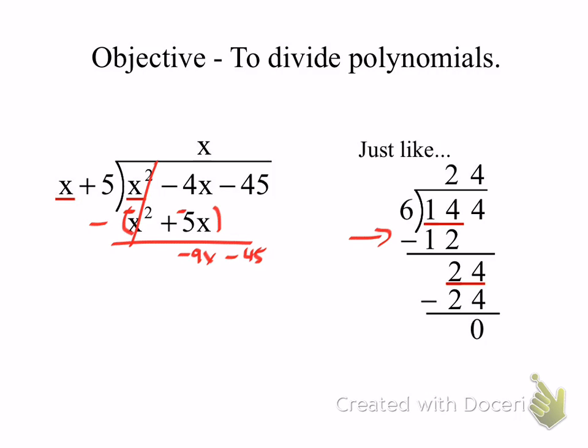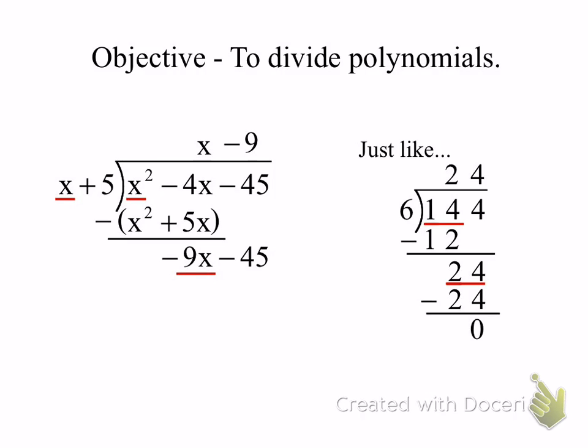Now, again, I ask myself, x times what equals negative 9x? John? Negative 9. Good. I'm going to erase this and kind of make it neater, clean it up. x times negative 9 this time. And I put it right over the next term. So I get negative 9x.